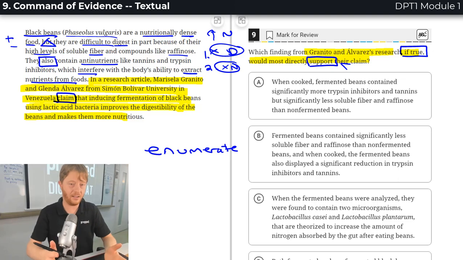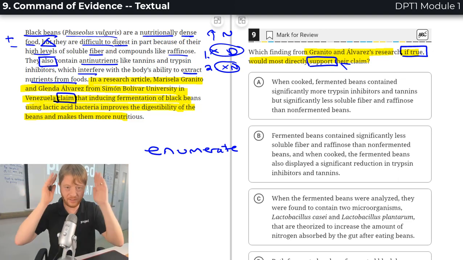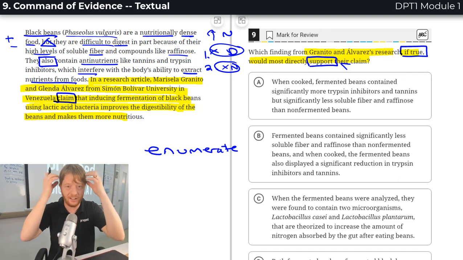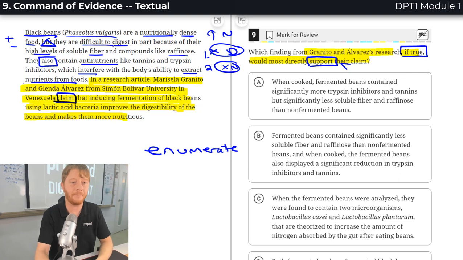So let's get this in our heads, because I'm saying many things and we have to stay organized, and we always have to have a picture in our mind about what we're reading to really comprehend. Don't go to the questions unless you could visualize what you're reading. So these black beans, hard to digest, and also they have these anti-nutrients, so you can't really get nutrients from the beans themselves.